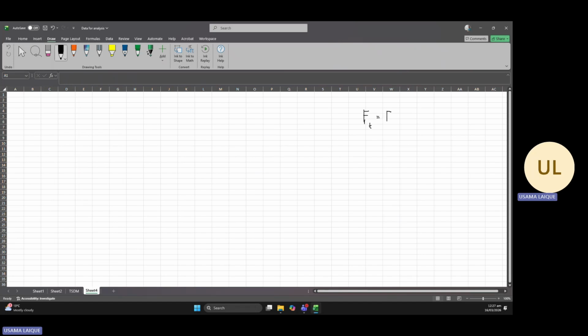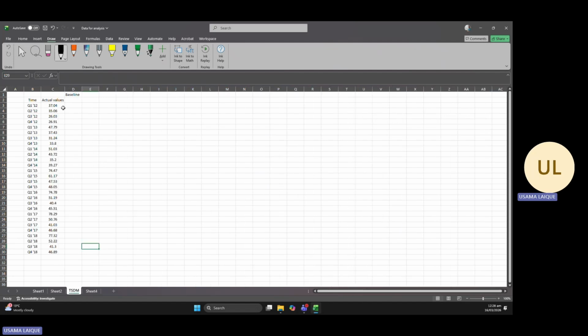F subscript t is equal to f subscript t minus 1 plus alpha into a subscript t minus 1 minus f subscript t minus 1. So we will use the exponential smoothing or error correction equation to dissect this data. And since you checked the trend in this data, whenever we get a weak trend in data, we basically use an alpha value that is somewhere close to 5%.